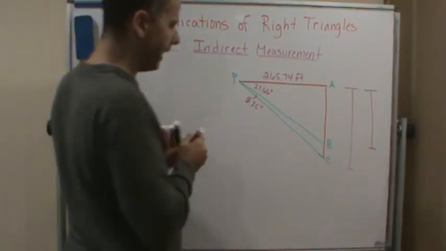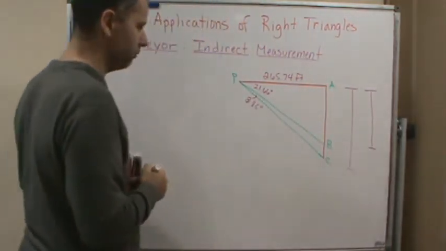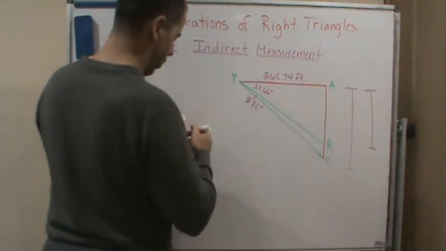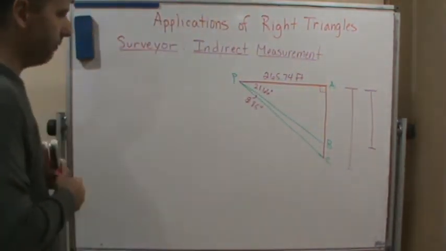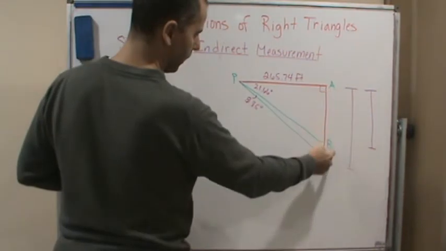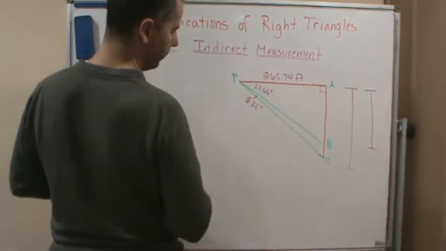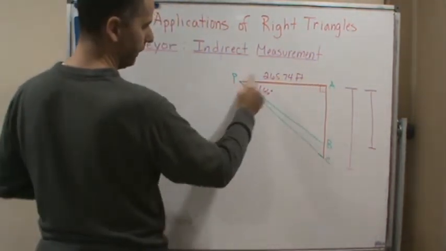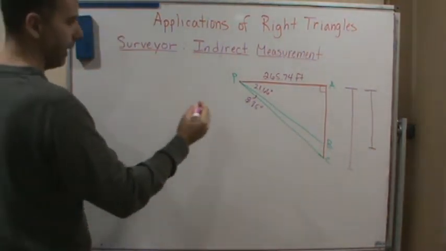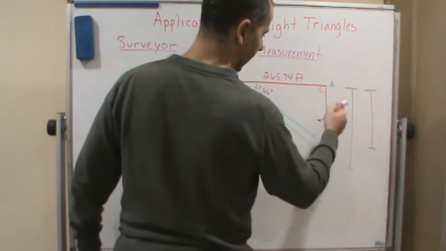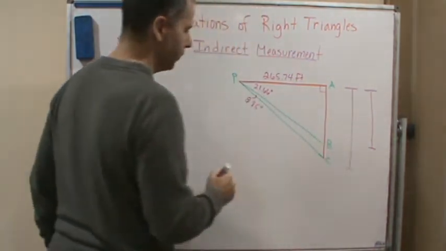Well, how do we find AB? AB is part of the right triangle PAB.